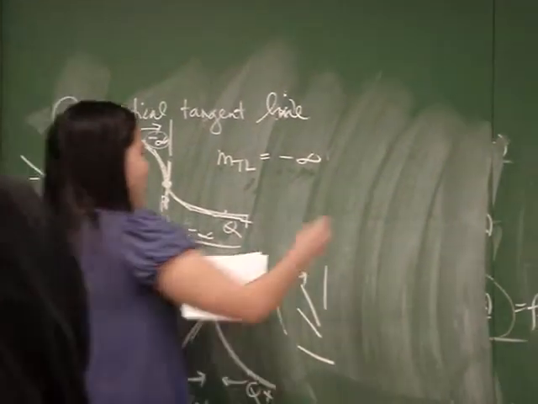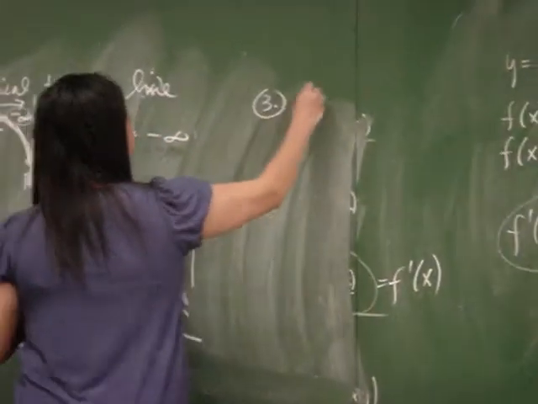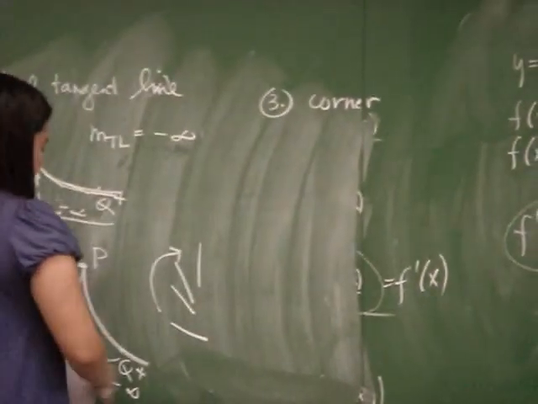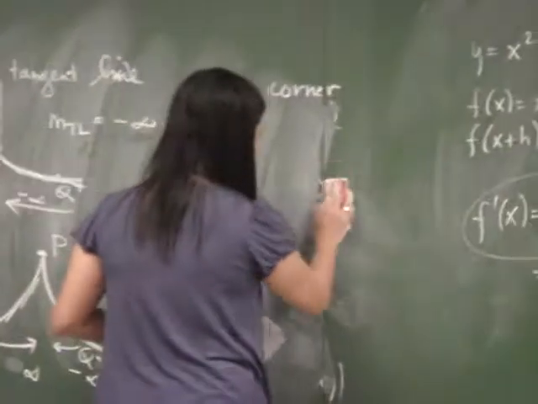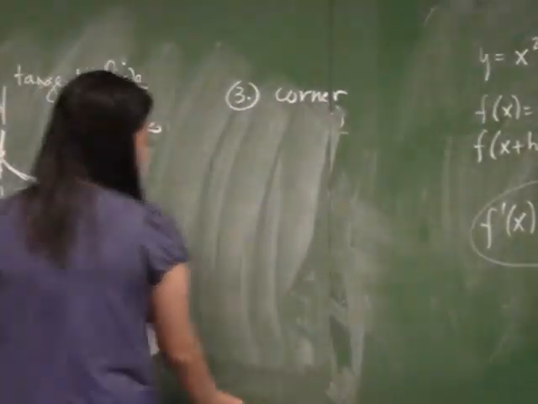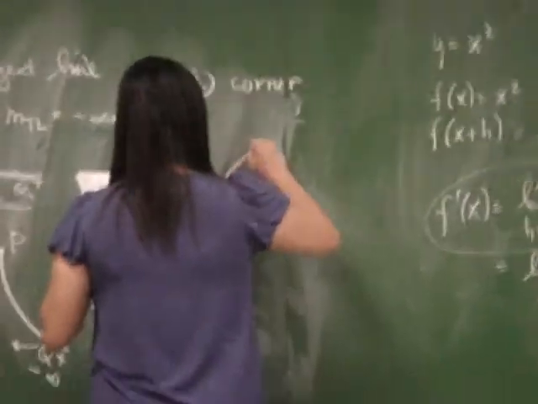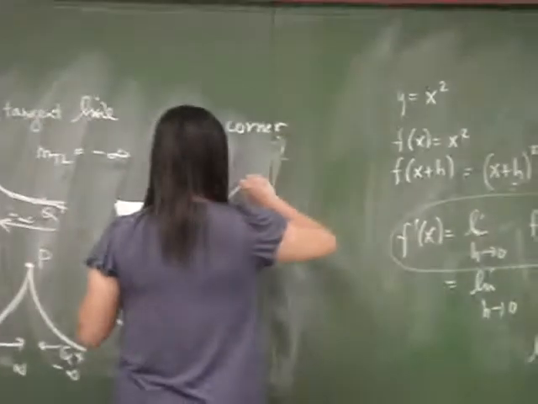How about the third one? This corner. The derivative also fails to exist at a corner. If your function has this. What is that corner that we're talking about?